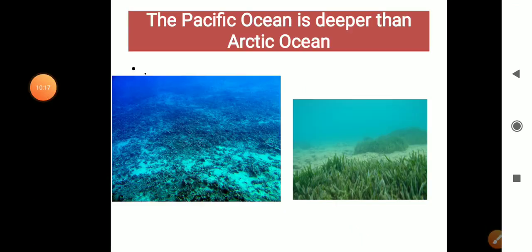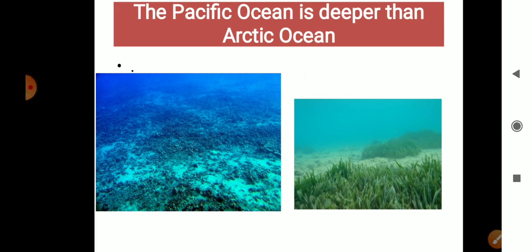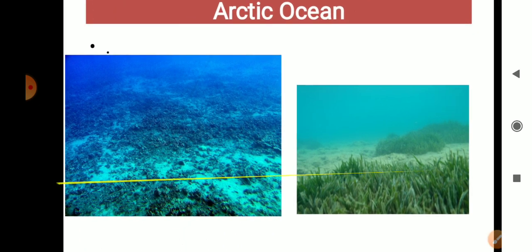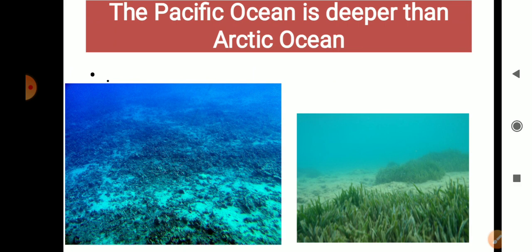Let's see one more example. The Pacific Ocean is deeper than the Arctic Ocean. See, there are two oceans here, the Pacific Ocean and the Arctic Ocean, so we have made a comparison between them. In the comparative degree, we compare two items, two things, two groups, two people.